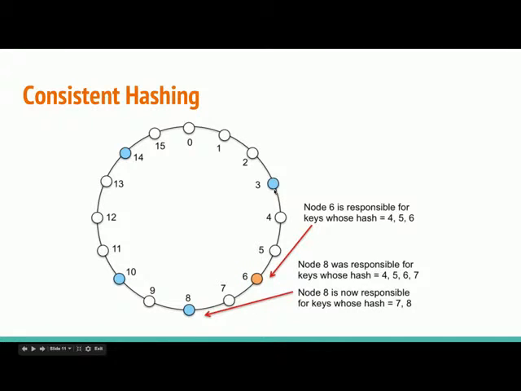In this case, you can ask 6, do you have 11? 6 said no. Then you ask 8. 8 said no. You ask 10. 10 said no. Then you ask 14. Then 14 said, well, actually I have 11, so here you are. But this is really not ideal, right?